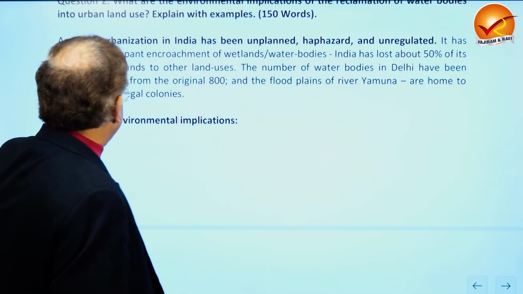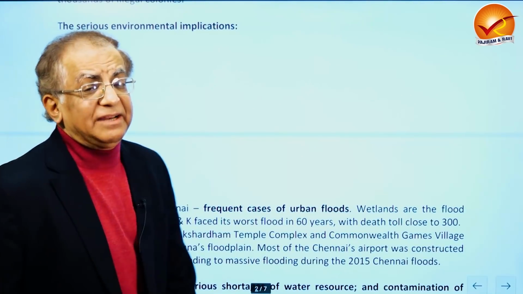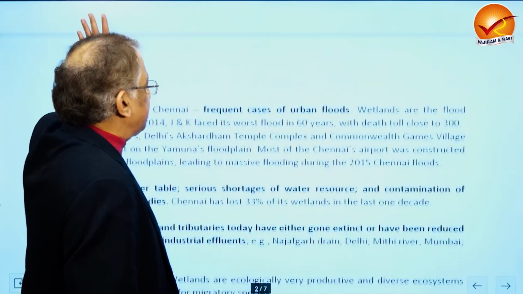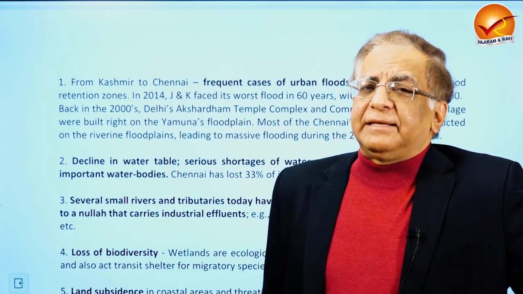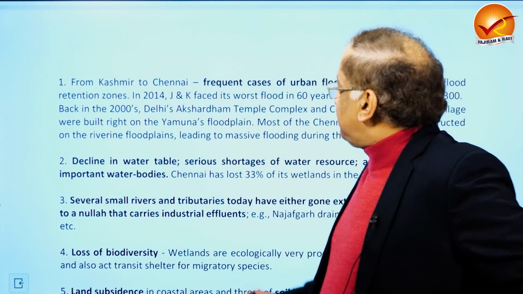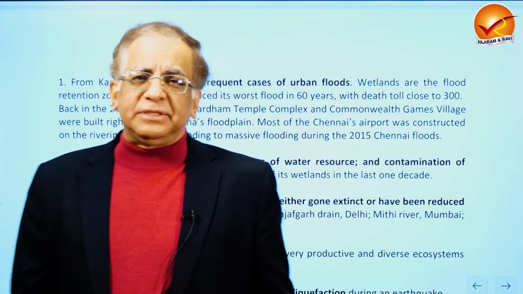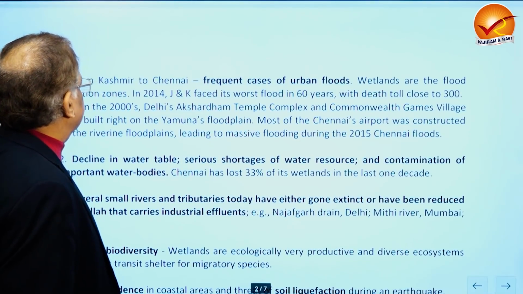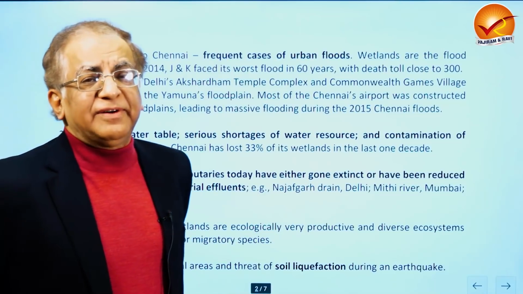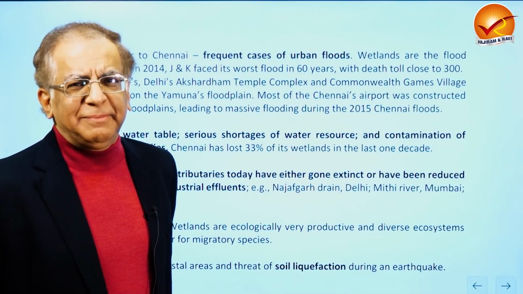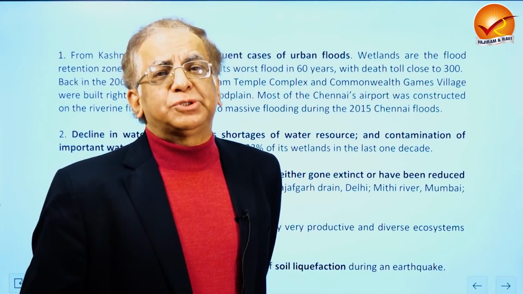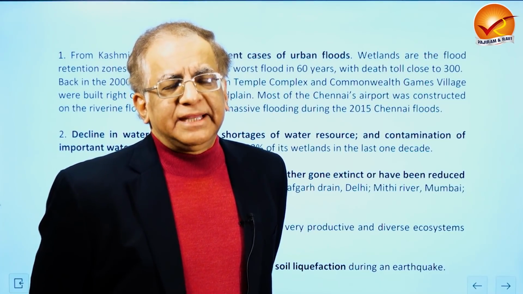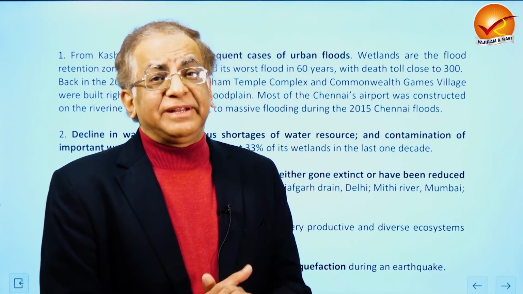Now, coming to the serious environmental implications of this: in the last 10 to 15 or 20 years, we have seen that from Kashmir to the deep south, we have frequent cases of urban floods. Remember, wetlands of an area are water retention zones; they absorb water when there is a heavy rain.